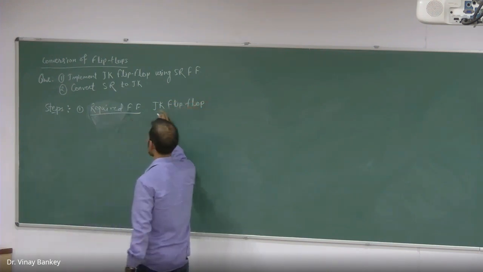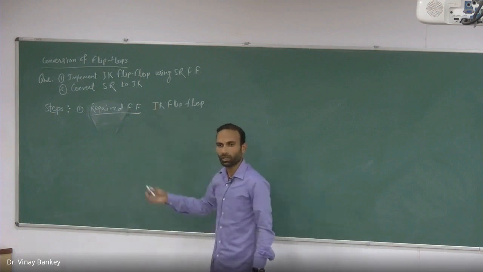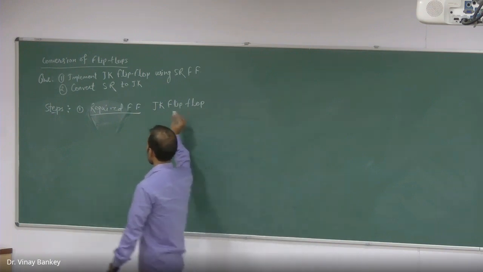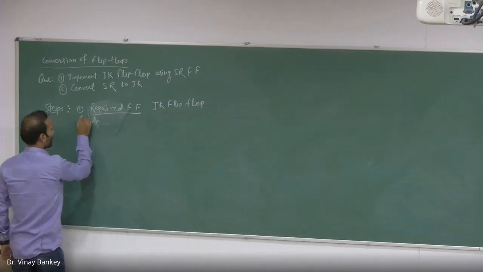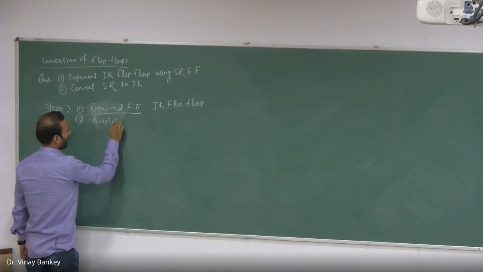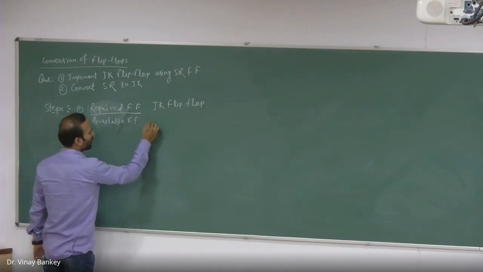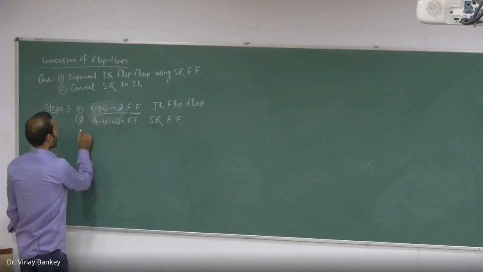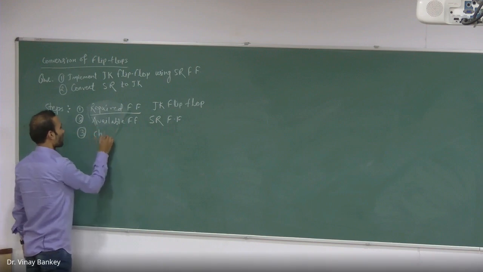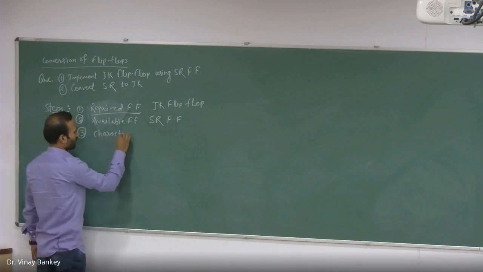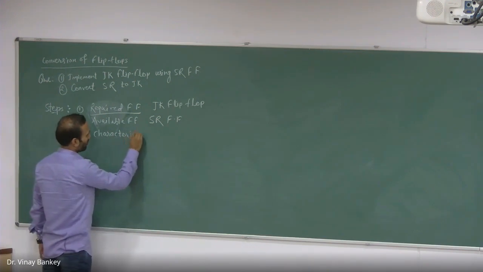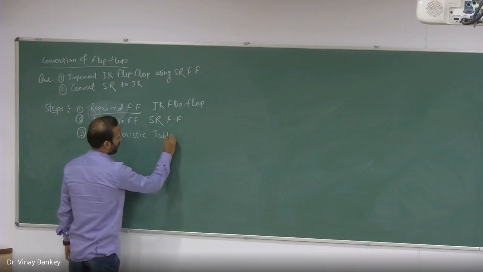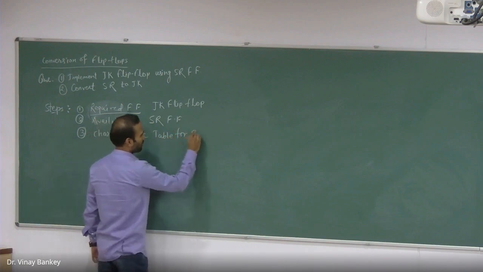And obviously, if this is the required flip-flop, the remaining one is the available flip-flop. The second step is the available flip-flop, that is SR flip-flop. The third step is to write the characteristic table for the required one.